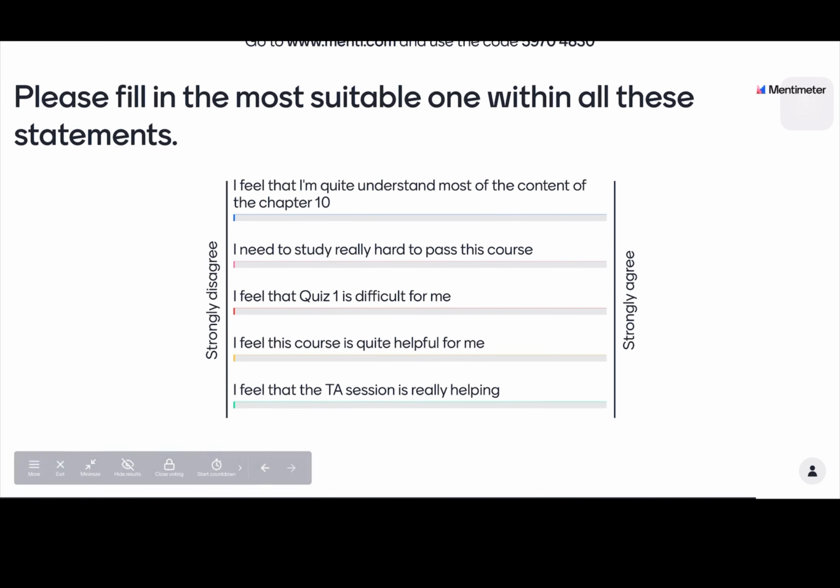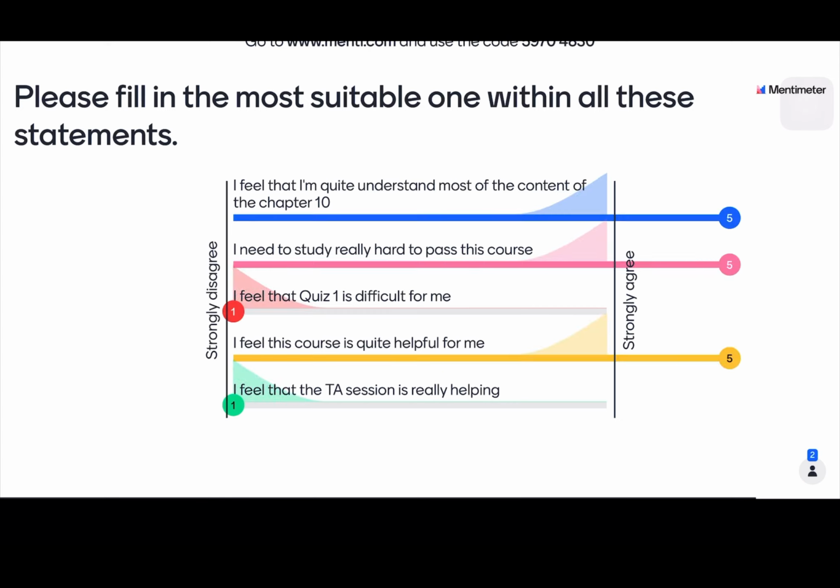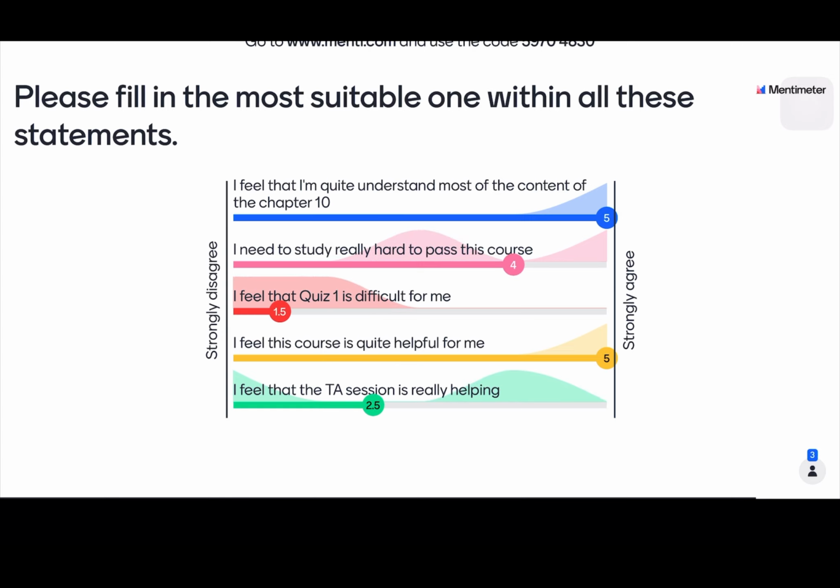Okay, some survey, a little bit of survey. Left is disagree, right is strongly agree. You can pick some scale. I just want to know whether chapter 10 is okay, and what's your opinion of your first quiz?